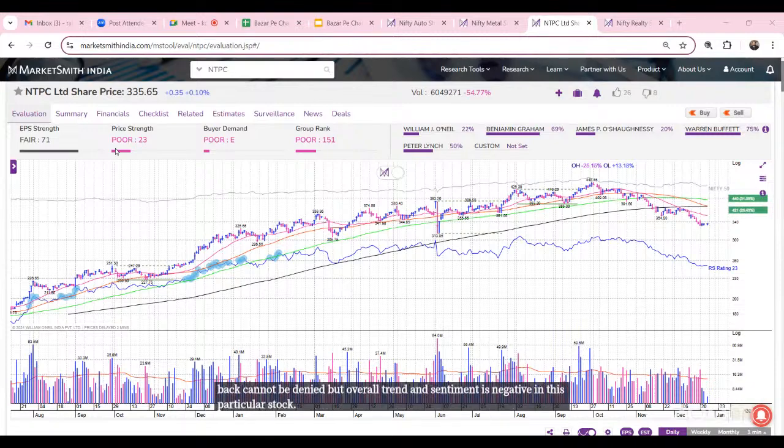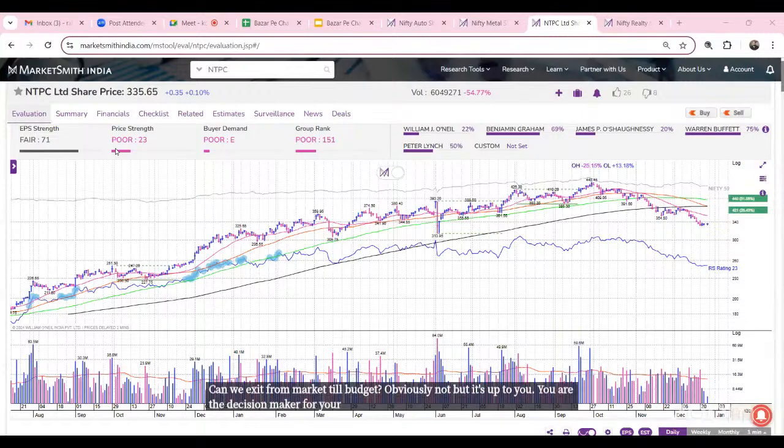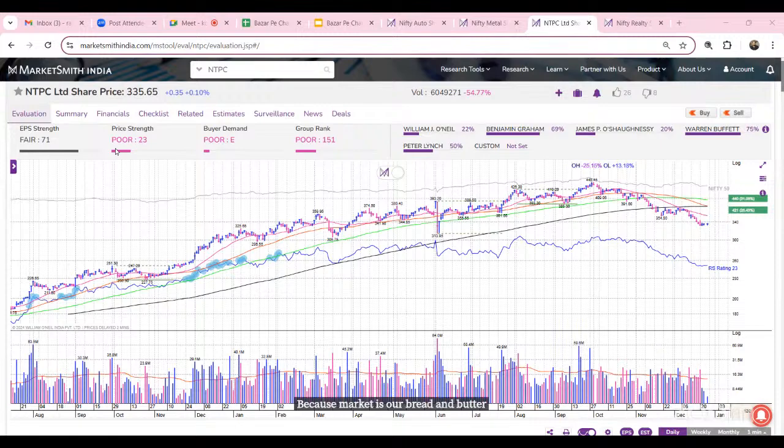Can we exit from the market till the budget? Obviously not, but it's up to you. You are the decision maker, but we never say that you completely exit. You can decide your strategy, or you can take positions according to market direction, but we never say that you should exit completely from the market, because the market is our bread and butter, obviously.